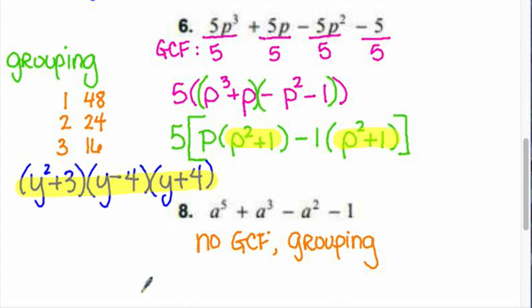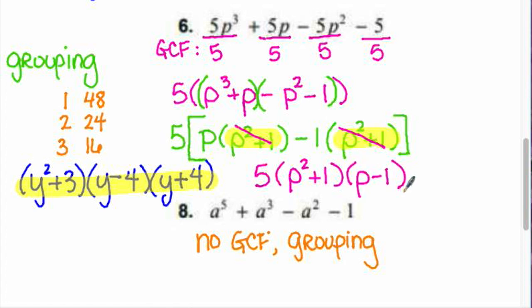So then at this point, we're going to bring our GCF down one more time. And then we're going to take that factor, p squared plus 1, and pull it out from here. And then we're going to write down what's left over, which is p minus 1. So I see that I have a nonlinear factor because it's not p to the first power.